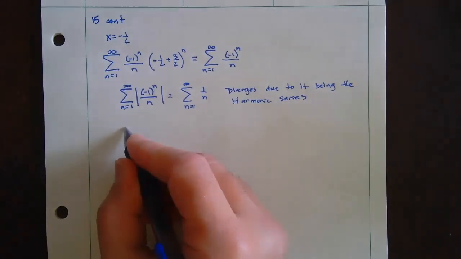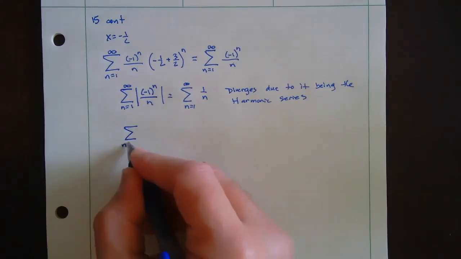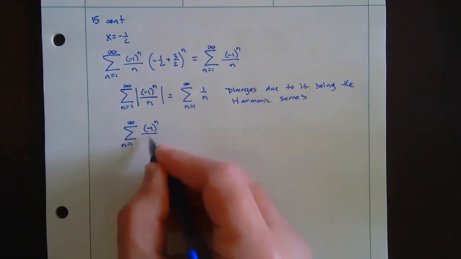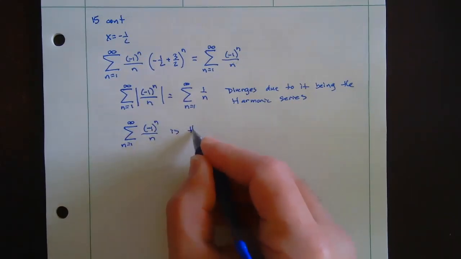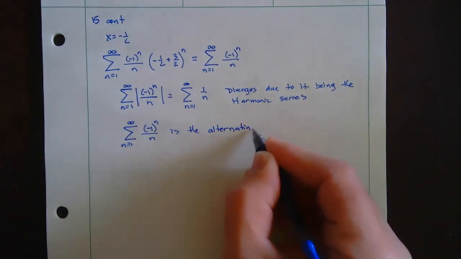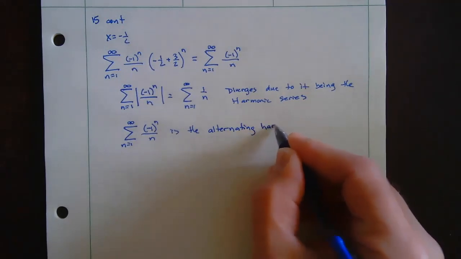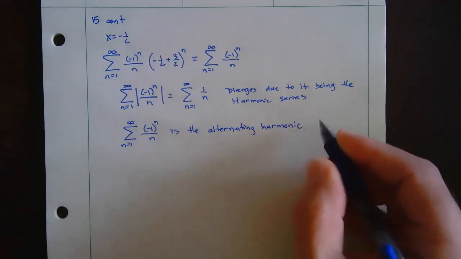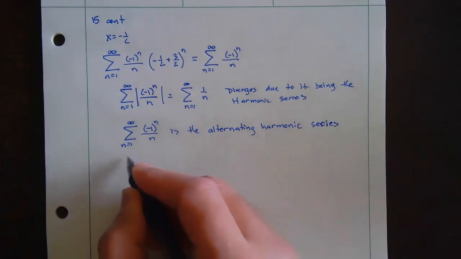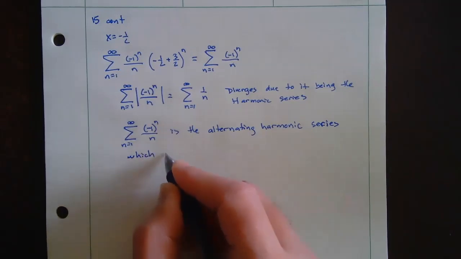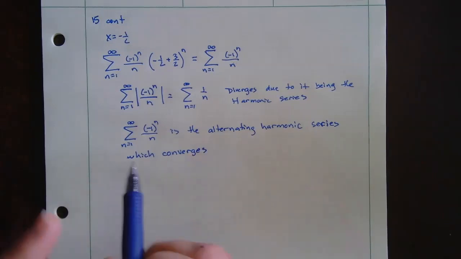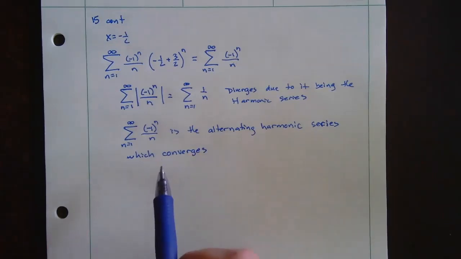And so I should say this, sigma n equals 1 to infinity of negative 1 to the n over n is the alternating harmonic series, which converges. Okay, so it diverges at -5/2, but it converges at -1/2.